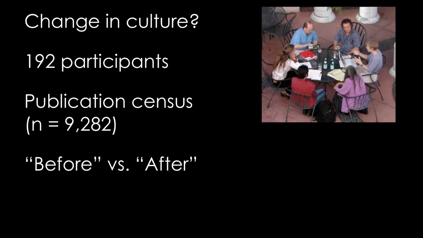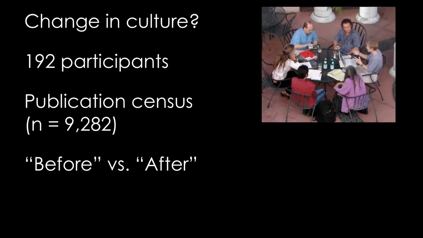So what we did there was to look at some of the participants. We restricted the group of participants that we looked at for various reasons, to make the analysis tractable and also to make it meaningful. And then we did a census of all their publications. So essentially, we had to go and look everybody up online, because frequently some of you have names that sound a lot like other scientists. So we have to go and actually figure out if it's you or not.